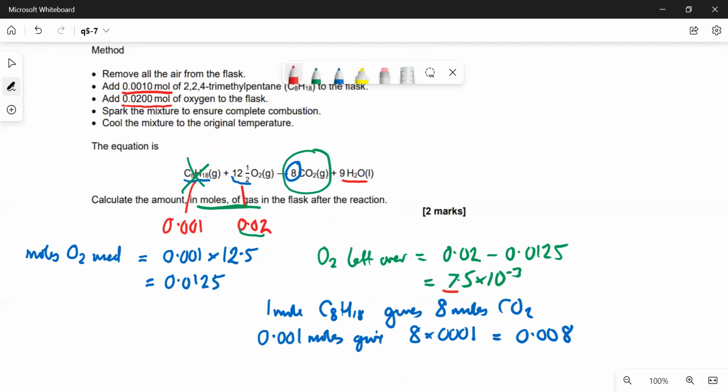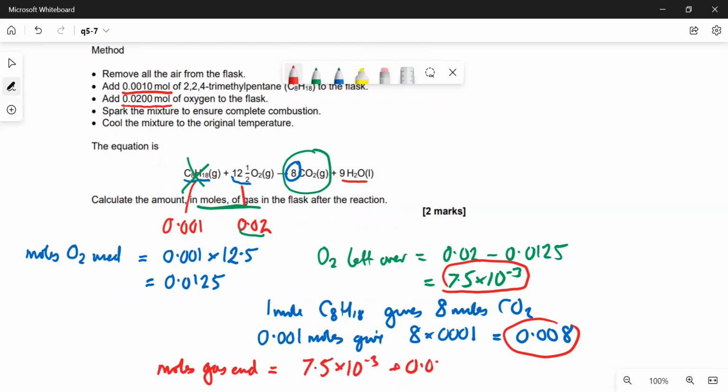So this is the moles of oxygen left over, and the moles of CO2. So the moles of gas at the end is equal to 7.5 times 10 to the minus 3 moles of oxygen plus 0.008 moles of carbon dioxide. That is equal to 0.0155 moles of gas at the end.